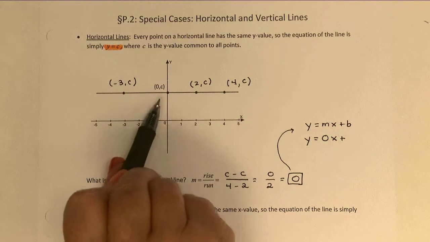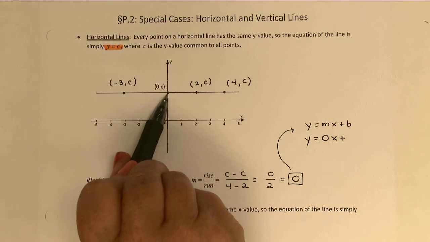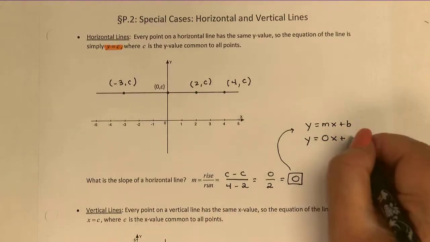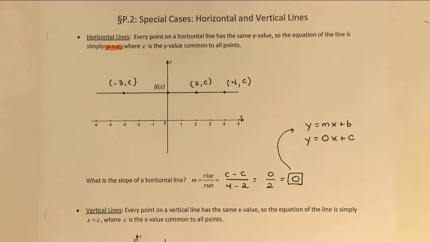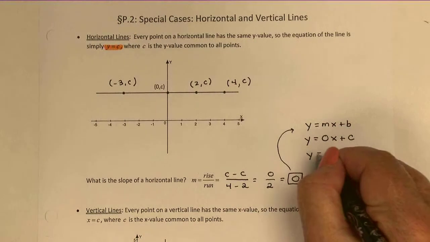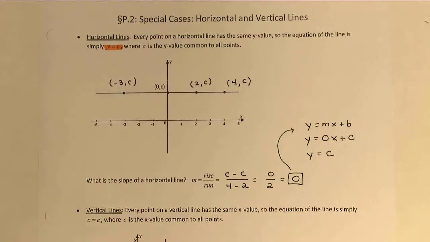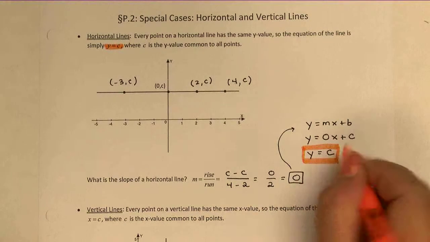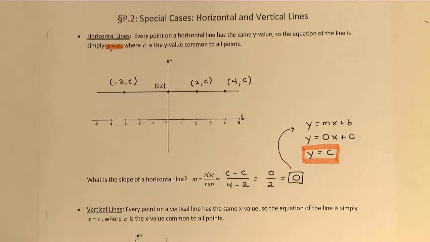And if I go back to my graph again, the y-intercept crossed the y-axis here with a y value of c. And so simplifying that, I would just get 0 plus c, or y equals c again. Exactly what we predicted before. So the equation of a horizontal line is always going to be y equals some constant value.